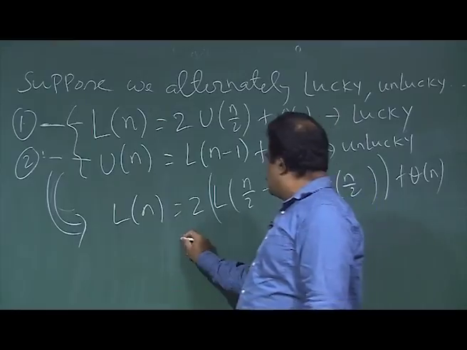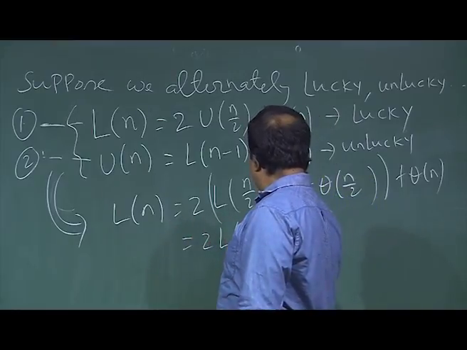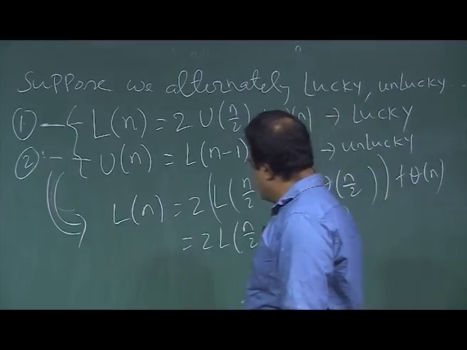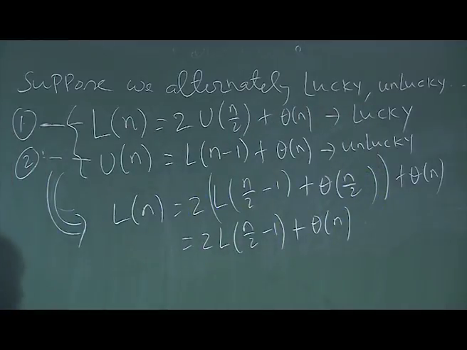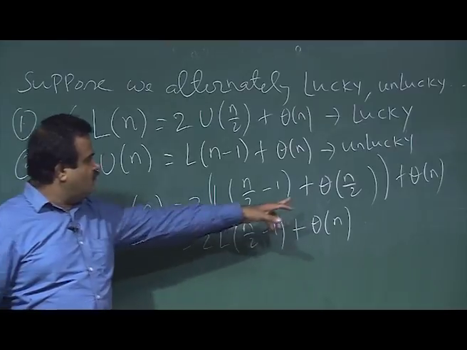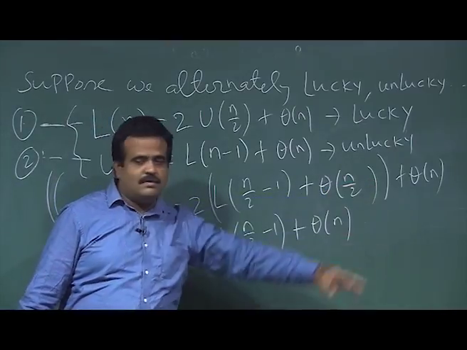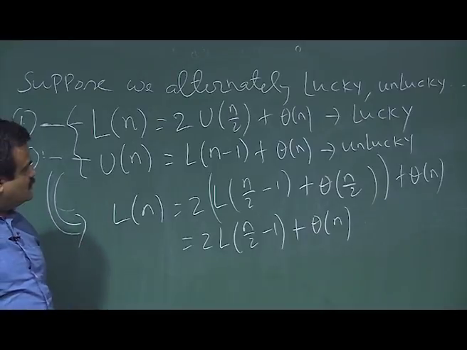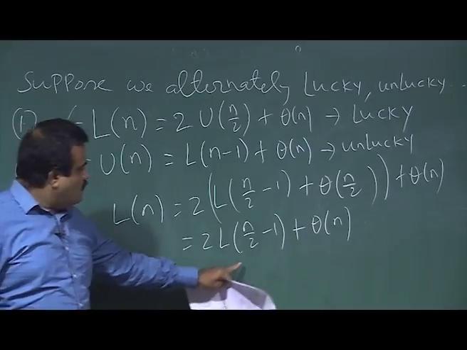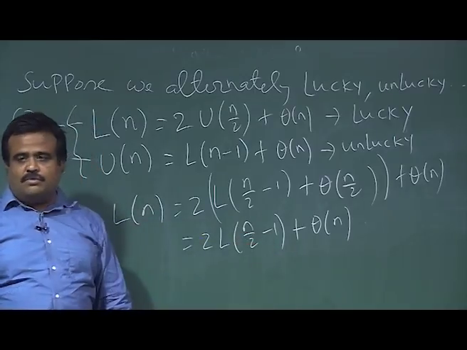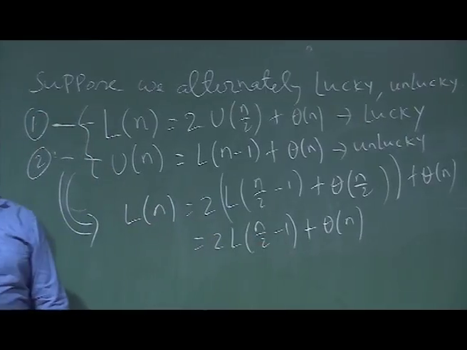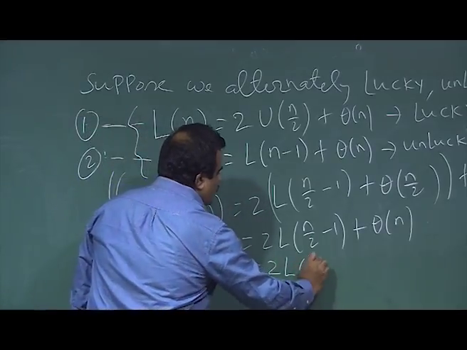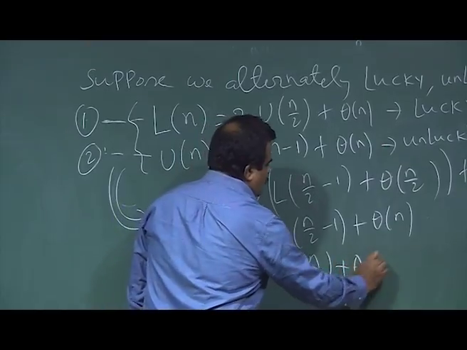So this will give us basically 2 of L of n by 2 minus 1 plus theta of n, because this 2 of theta of n by 2 will be combined with the theta of n, and together will give us theta of n. Now this minus 1 will play a role like rounding up, lower ceiling or upper ceiling. So we can easily write this as 2 of L of n by 2 plus theta of n.